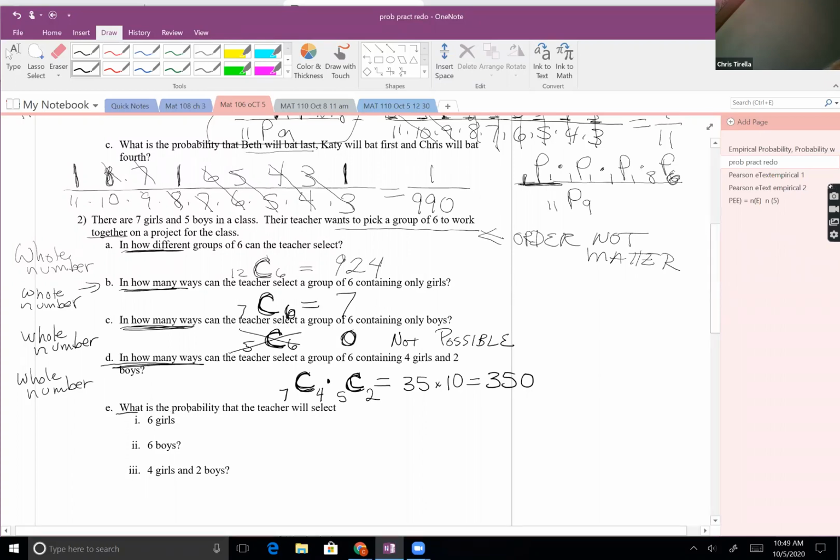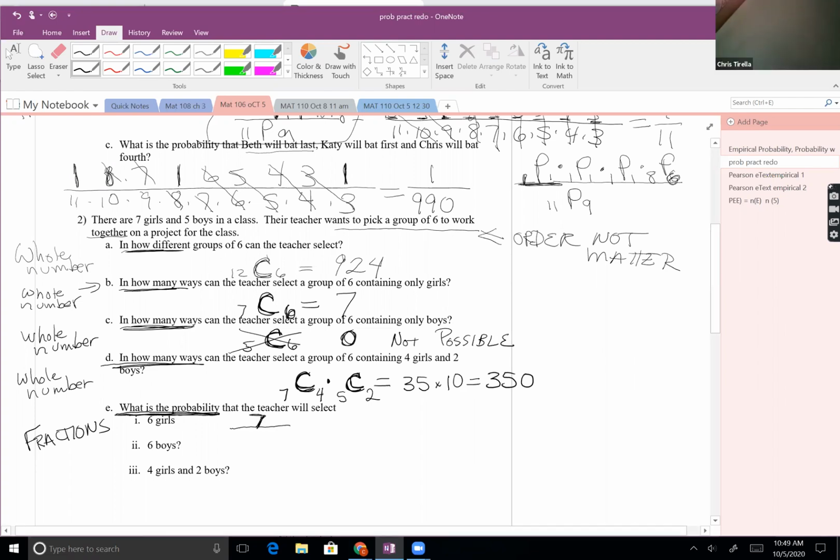Part E is where we put the pieces together. It says, what's the probability? So here I'm expecting fractions. That the teacher gets 6 girls. Well, that would be the number of ways the teacher can get 6 girls over the number of ways the teacher can pick 6. Do we know how many ways the teacher can pick 6 girls? 7.